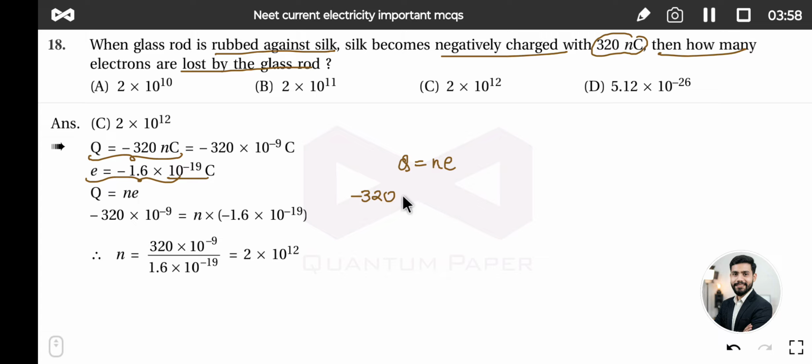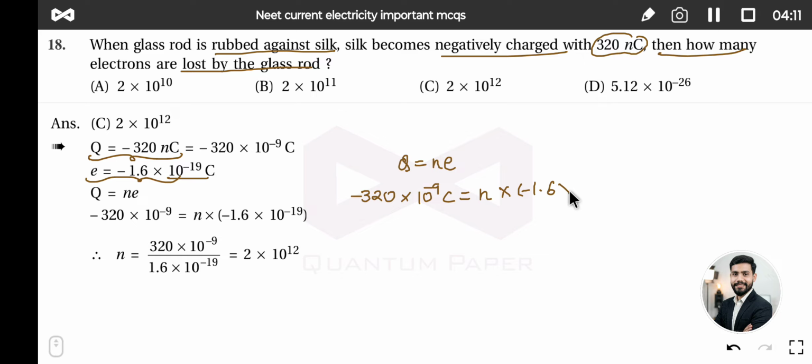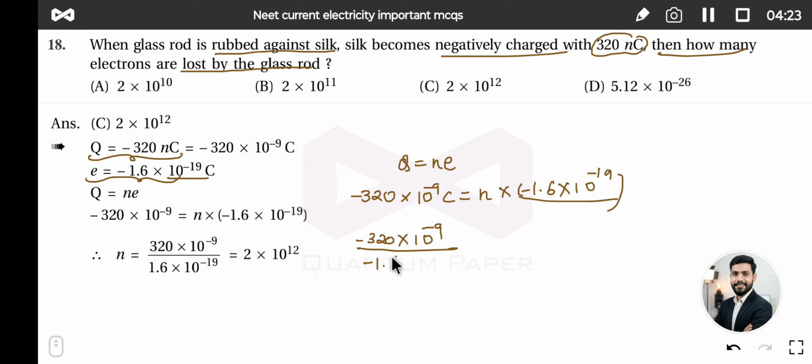into, this will be nano coulomb, so 10 raised to minus 9, is equal to N times E, and we have to find N, and the E value is minus 1.6 into 10 raised to minus 19. So if we take this minus 1.6 into 10 raised to minus 19 in the denominator, it is minus 320 into 10 raised to minus 9 upon minus 1.6 into 10 raised to minus 19.